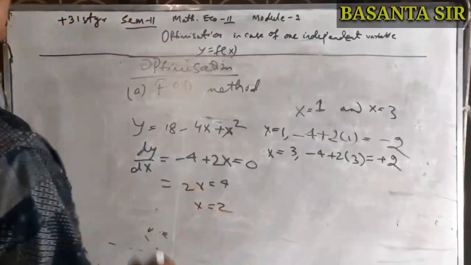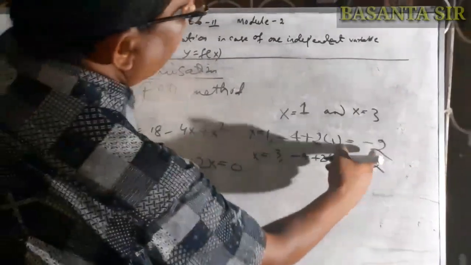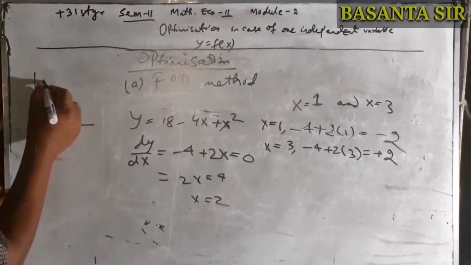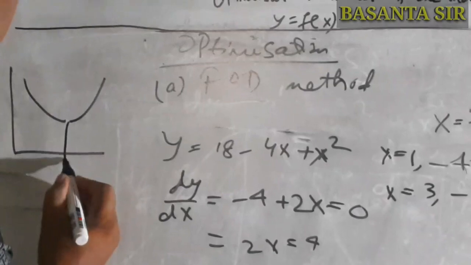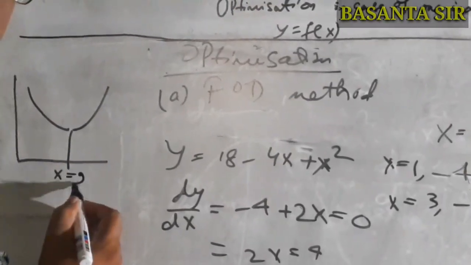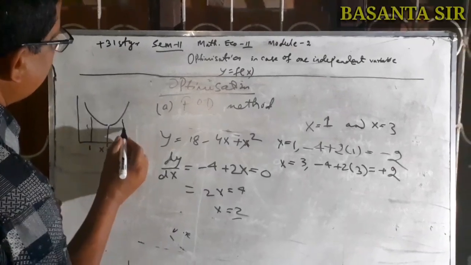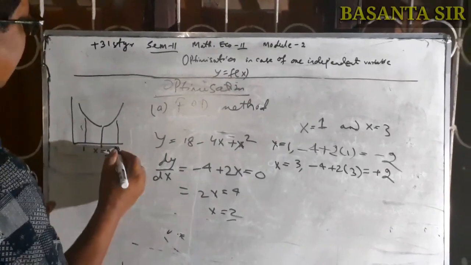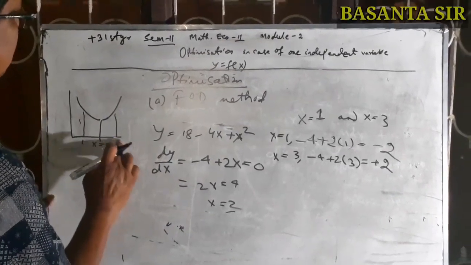So we find that the function is negative then positive at x value equal to 2. Before, I take 1, and after, I take 3. These 1 and 3 are arbitrary numbers nearer to x.